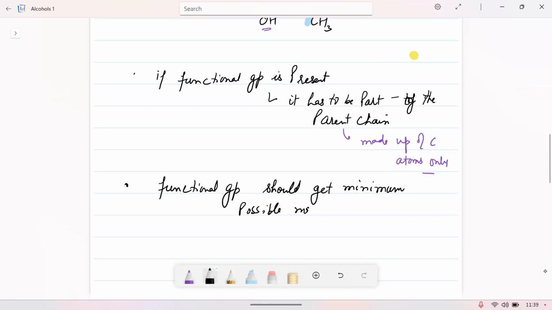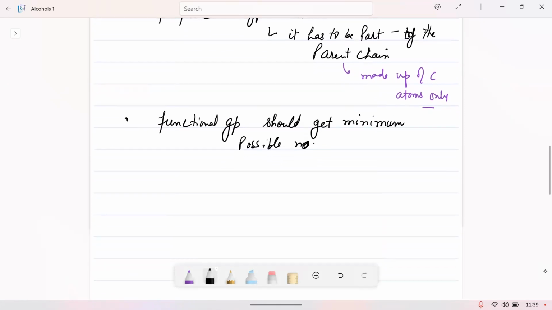Now you have done in your IGCSEs that right now I'm just looking into the OH, that the OH has a higher preference than the C double bond C, and this has a higher preference than the substituent. So here I'm specifying it in terms of the OH. If this was any other functional group, then it would also have more preference than C double bond C. But if there's more than one functional group, then there is a different rule. Then there is a preference table, which right now we don't need to know.